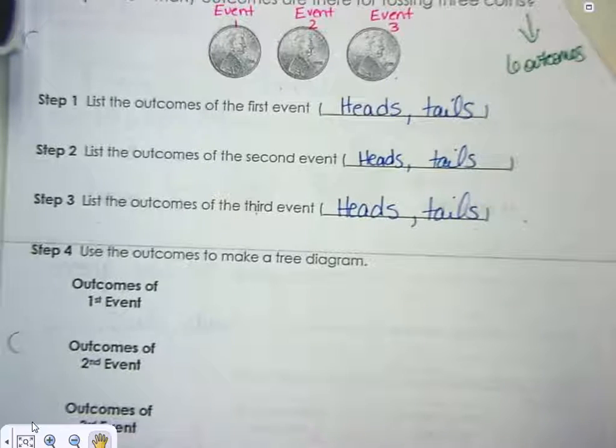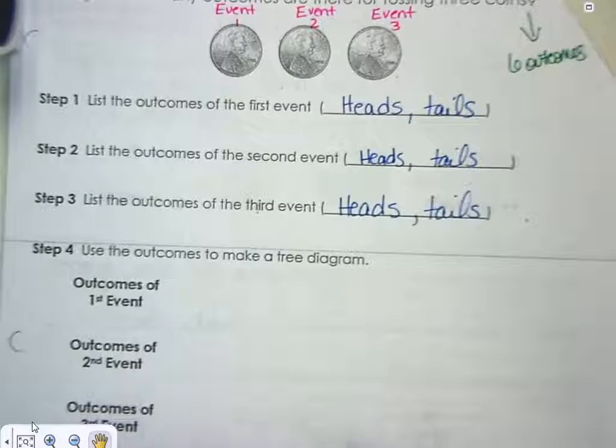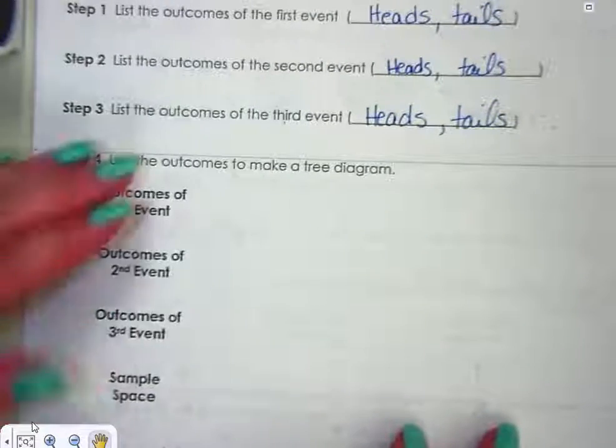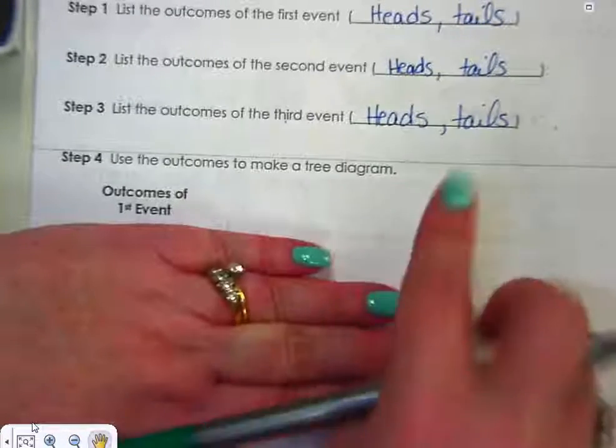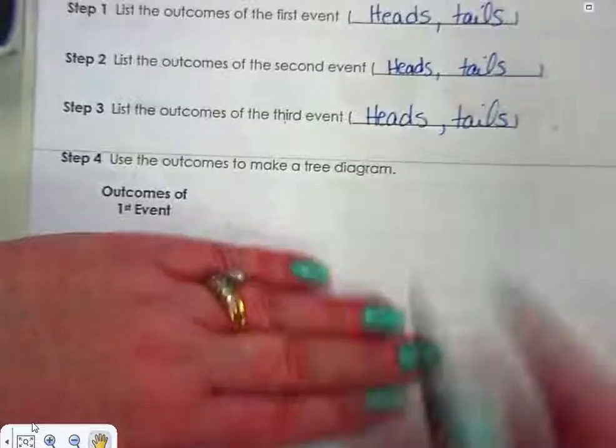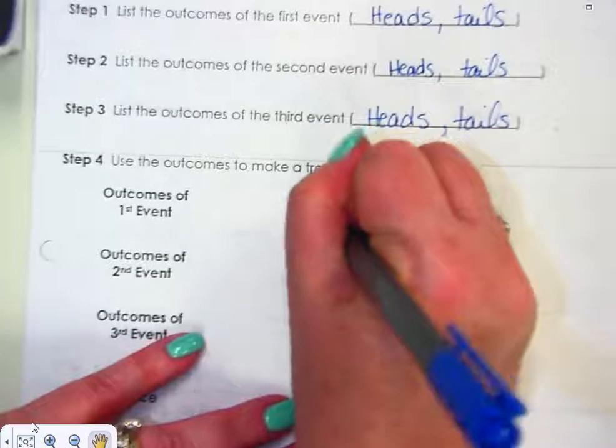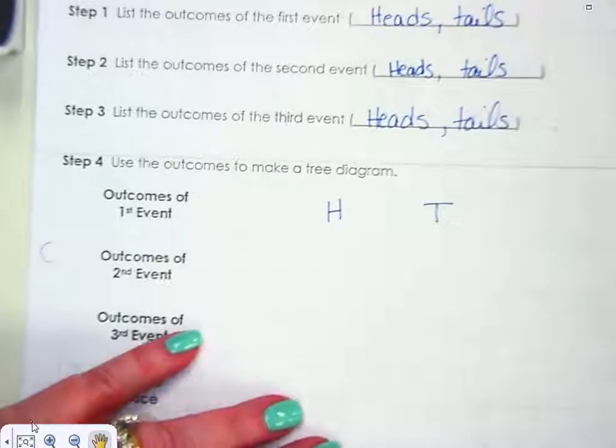Alright, so now we're going to use these outcomes and make a tree diagram. Now this one is going to be a top-down tree diagram. We want to list the outcomes of event 1 over here. So we have heads or tails.